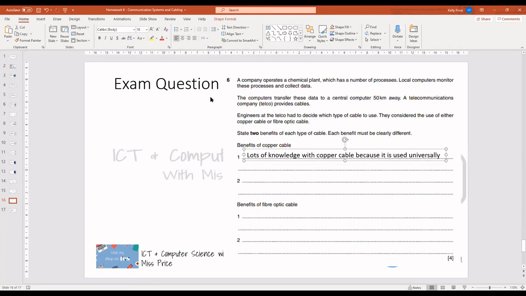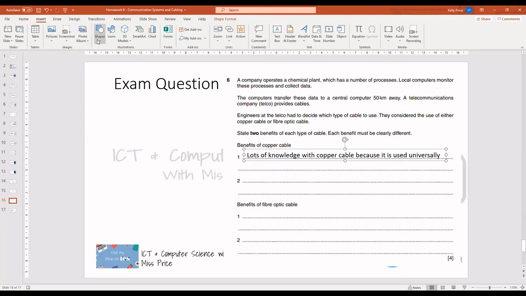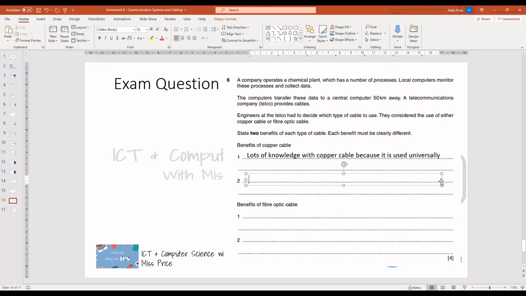Now, the next benefit I'm going to include, there's many benefits to it, but for a start, it is cheaper to, now I don't want you to say it is cheaper. Why is it cheaper? You need to explain that.